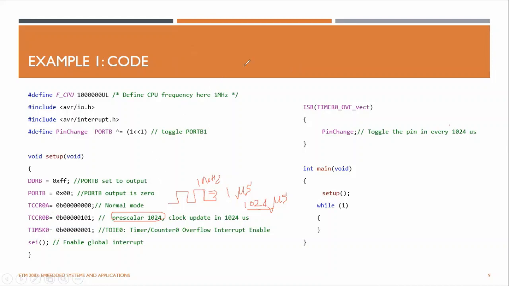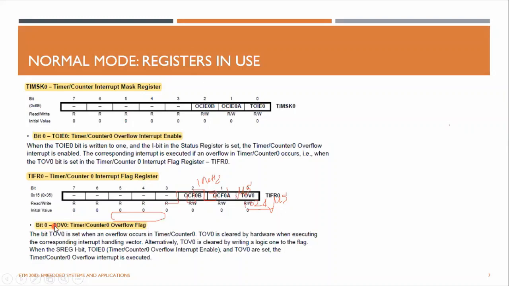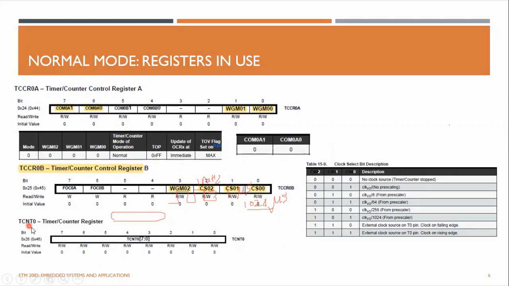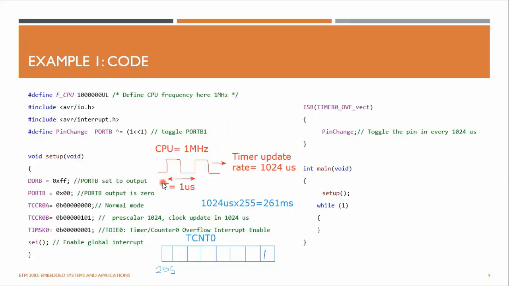So the timer 0 value is written to this register, TCNT0. Right. Now we know that the CPU speed is 1 megahertz, which has a periodic time of 1 microsecond. So the CPU runs with 1 microsecond delay.